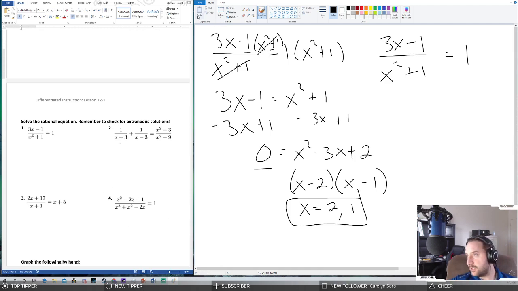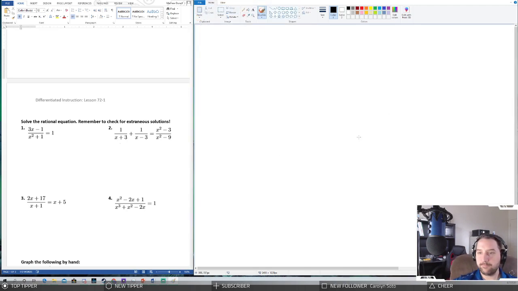Okay, let's look at number 2. So we have 1 over (x plus 3) plus 1 over (x minus 3), and that's going to equal (x squared minus 3x) over (x squared minus 9). I actually want to factor that denominator.